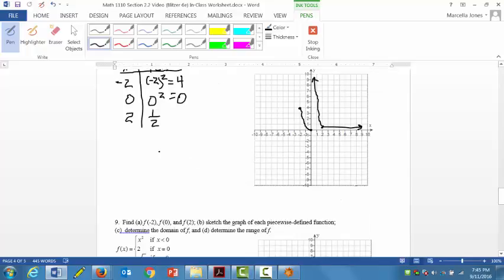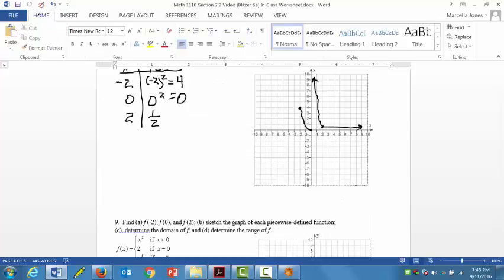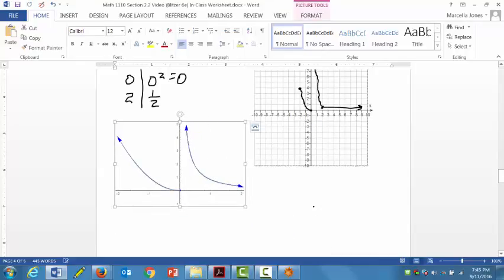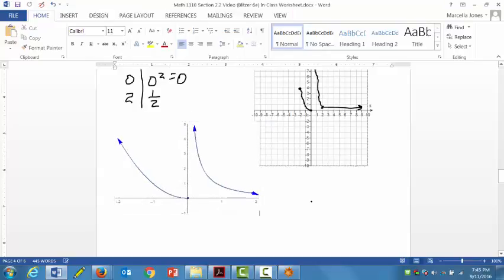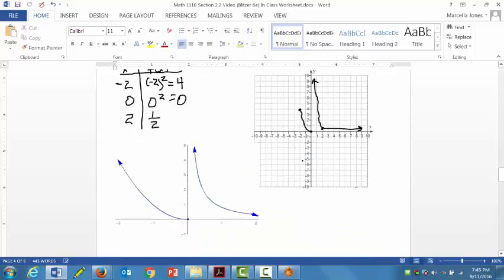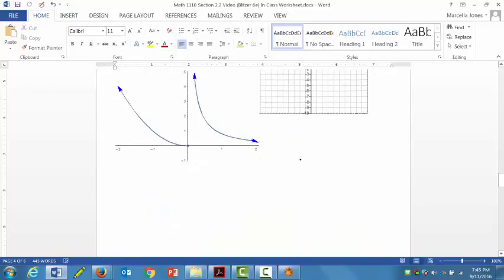And it's kind of hard to draw that on my tablet here. I just don't have the control I need, so I'll give you a more precisely sketched graph. And that's what that would look like. And I have a solid circle at 0, 0, because x squared is 0 when x is 0.